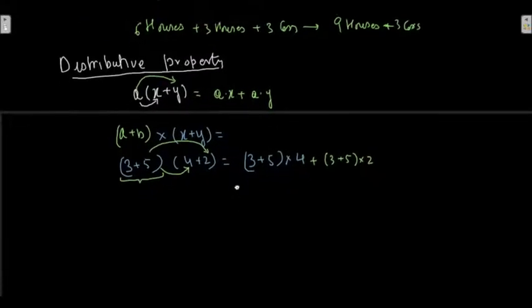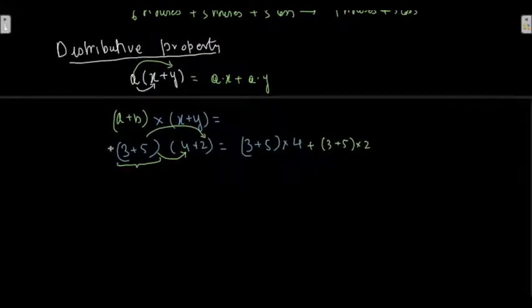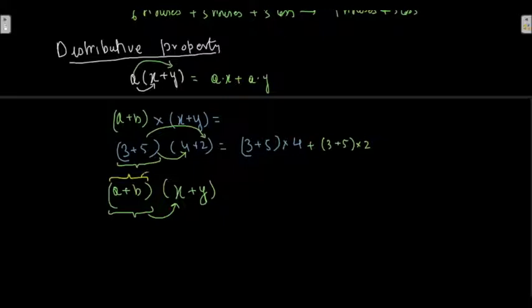So coming back to our example, A plus B multiplied by x plus y. First this A plus B will get multiplied by x, and then this whole A plus B will get multiplied by y.